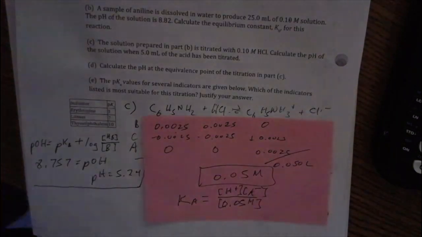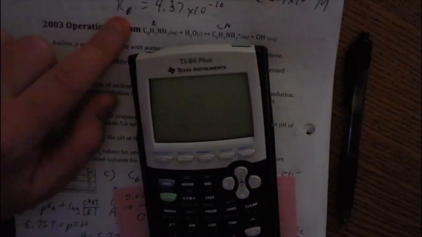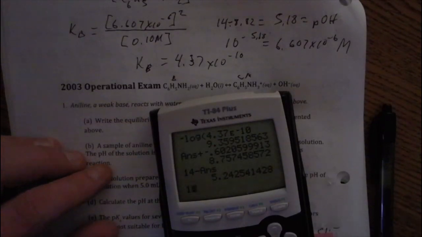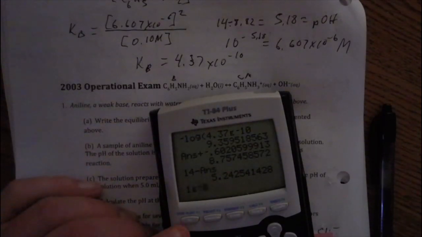Right. Somebody's going for student of the month, huh? Nice. So I need to come up here, and I need to take this 4.37 times 10 to the negative 10th, and I need to divide 1 times 10 to the negative 14th by that.